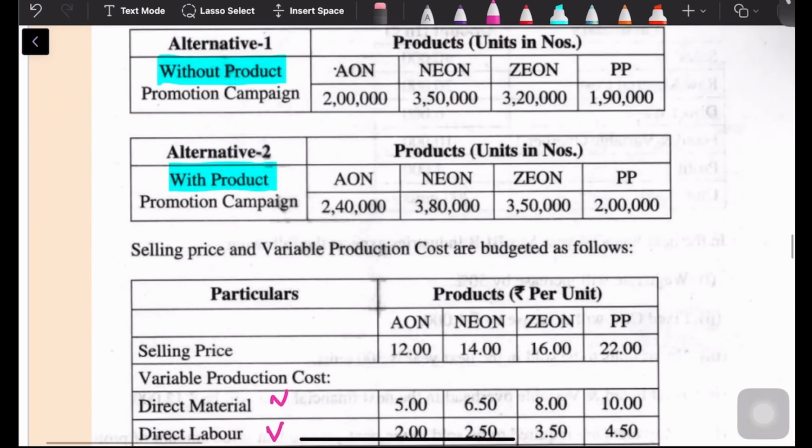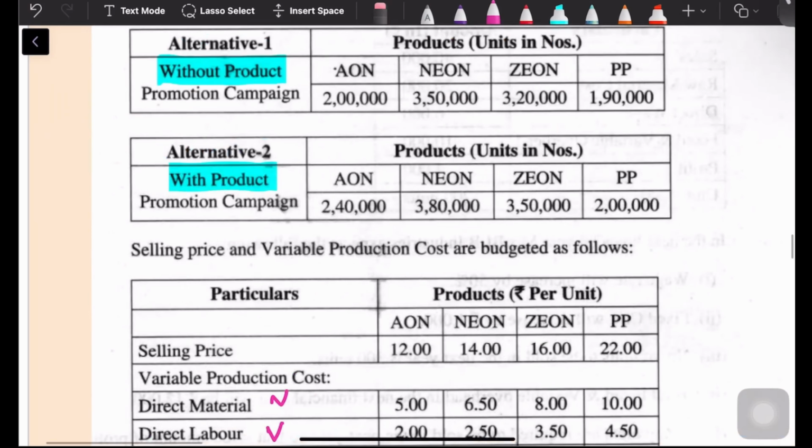So product, we have 4 products. Hours per unit we can take from this table, 0.7, 0.6, 1, 1. Next, ranking we anyway know.